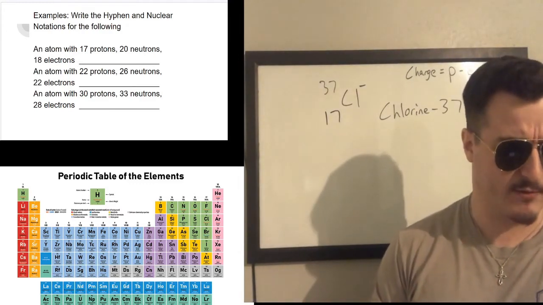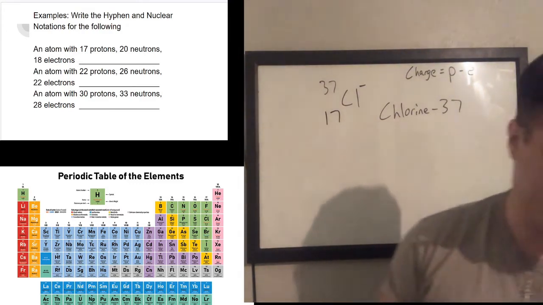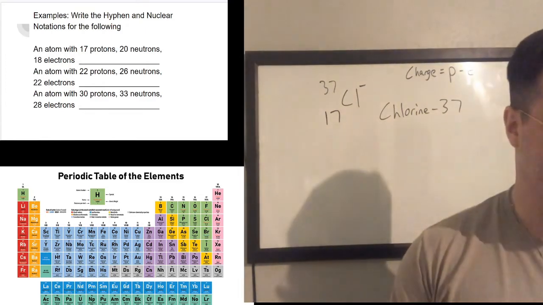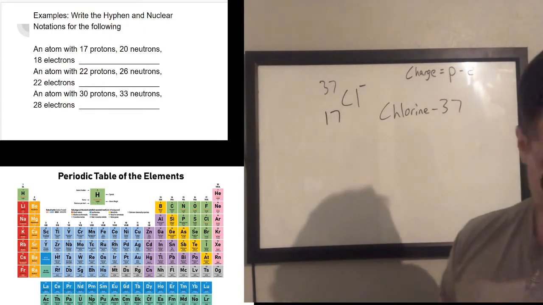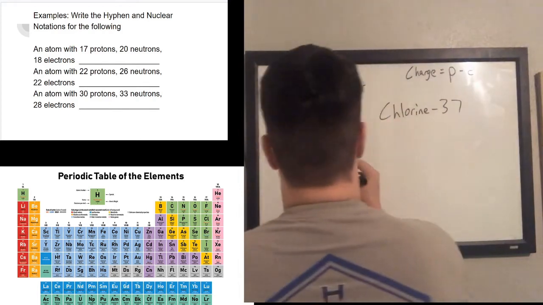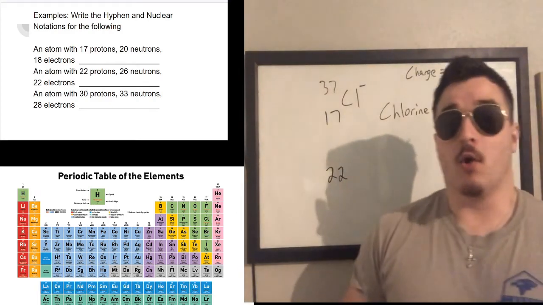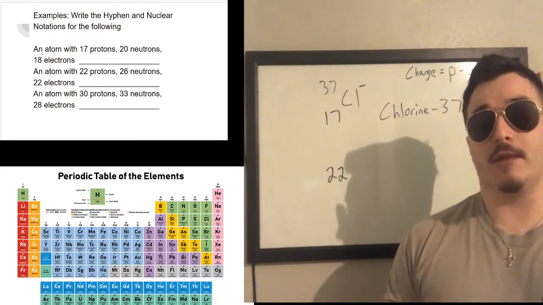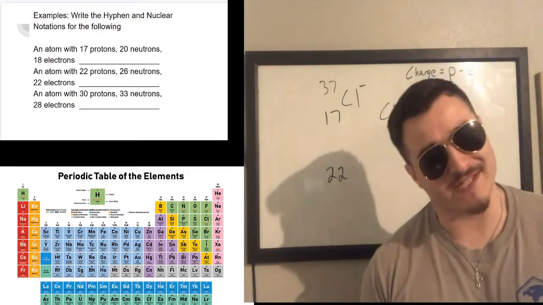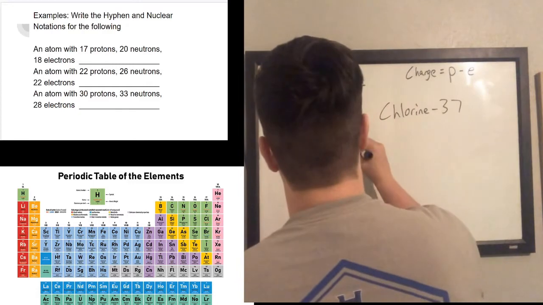So moving on to the next example, an atom with 22 protons, 26 neutrons, and 22 electrons. All right, so we've got our atomic number 22, and so we need to know what element that is. All I gotta do is look at element number 22 on the periodic table. Happens to be my very favorite element, titanium.